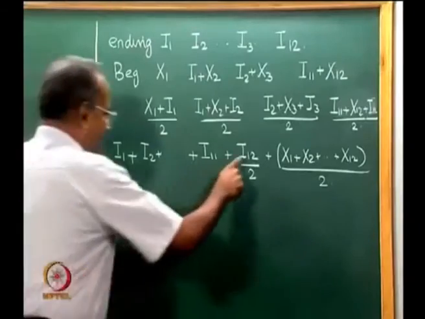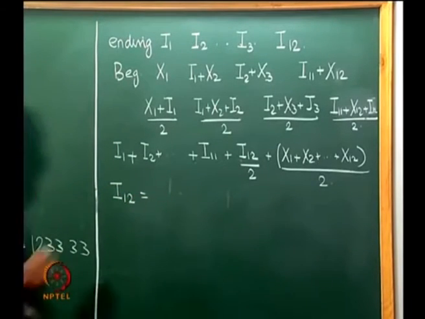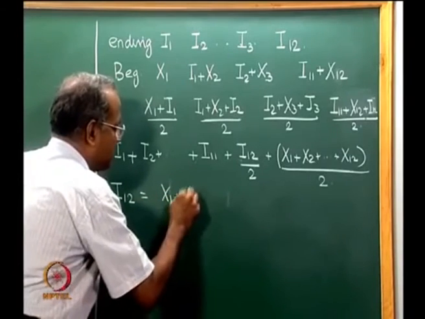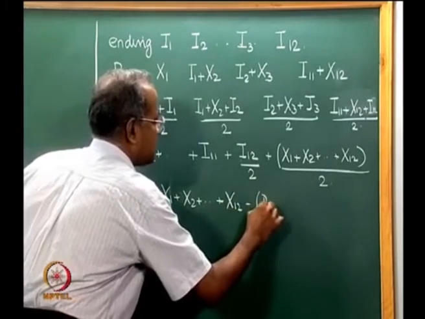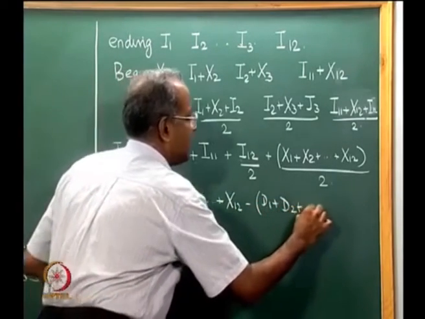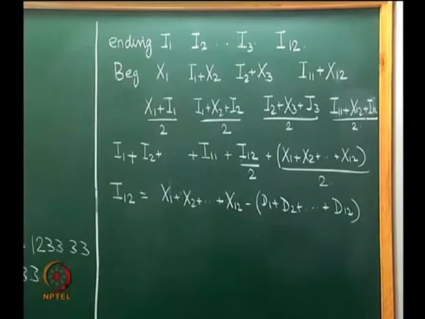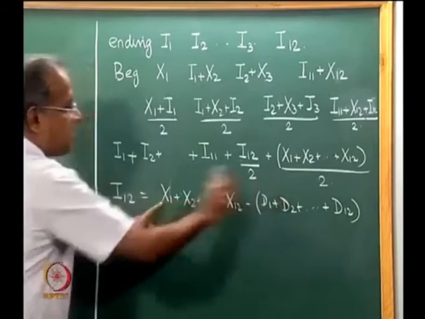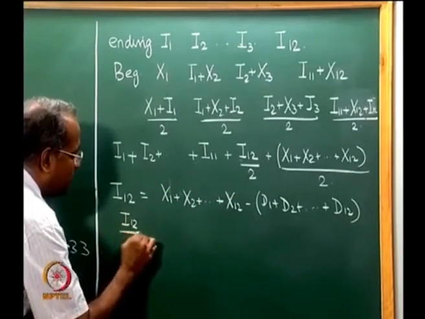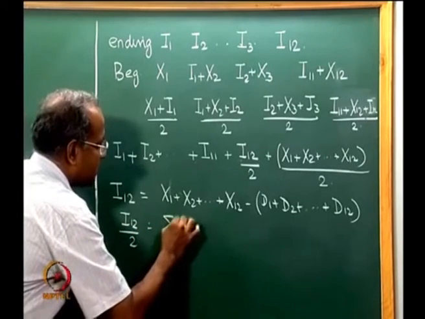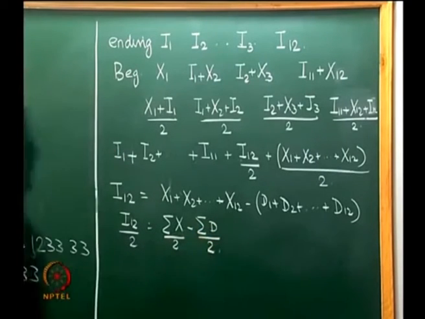So I12 is x1 plus x2 plus up to x12 minus D1 plus D2 up to D12. So let me write this as sigma x and let me write this as sigma d. So I12 divided by 2 is equal to sigma x divided by 2 minus sigma d divided by 2.